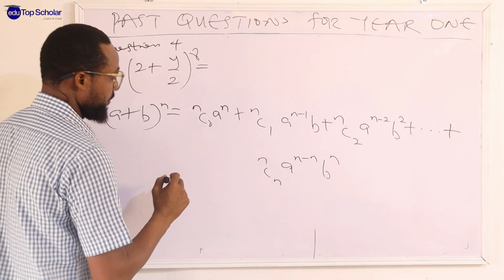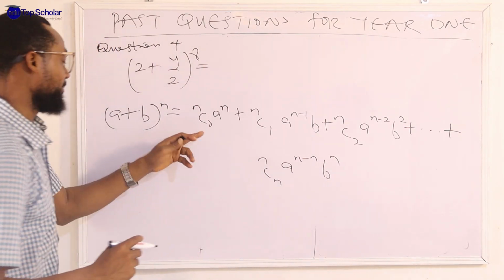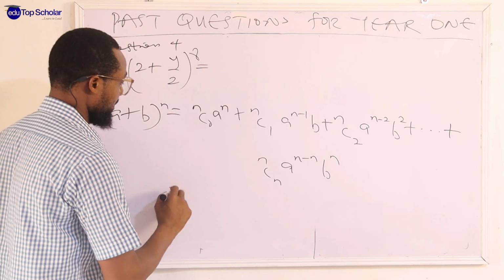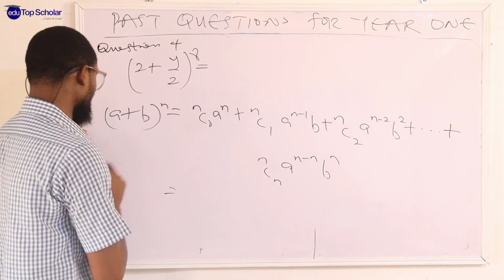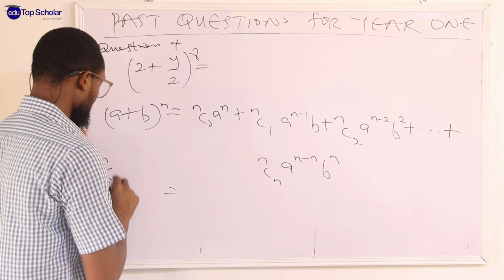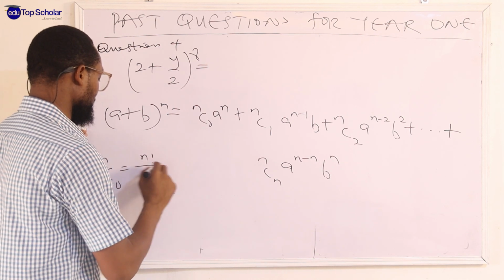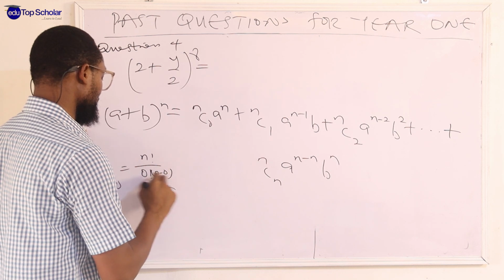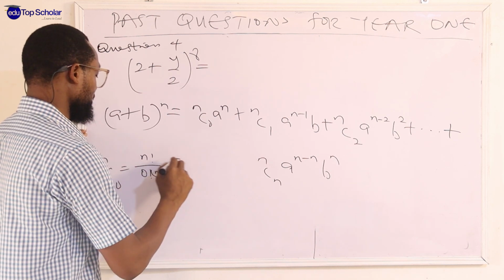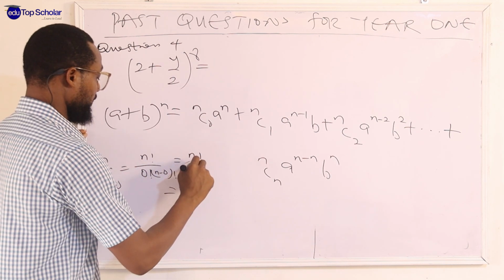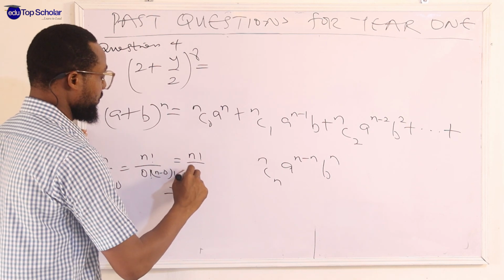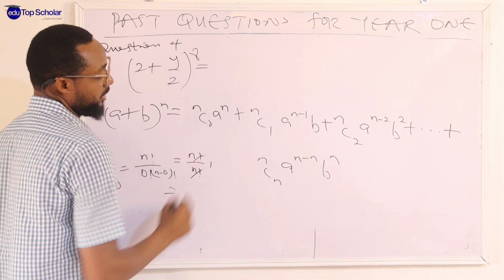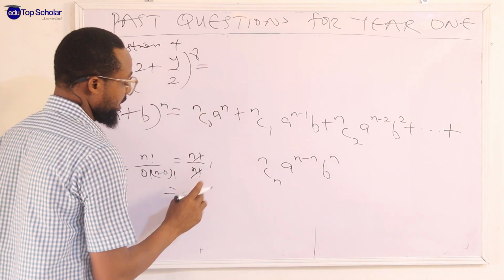For the first few terms, we have n combination 0. That is n factorial over 0 factorial n minus 0 factorial, which is n factorial over n factorial. 0 factorial is 1, so the coefficient of the first one here is 1.